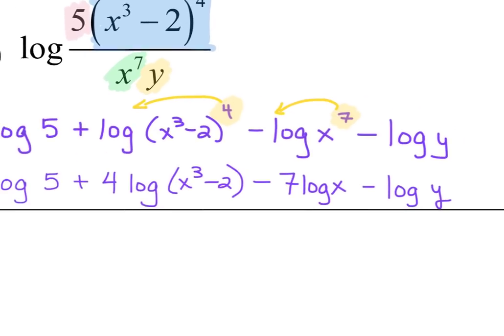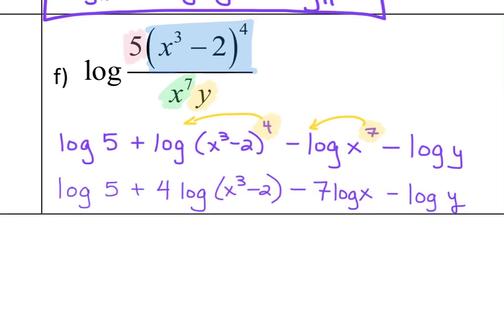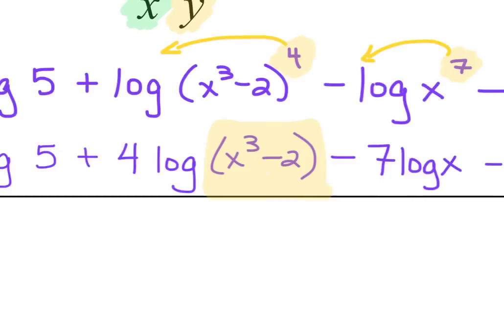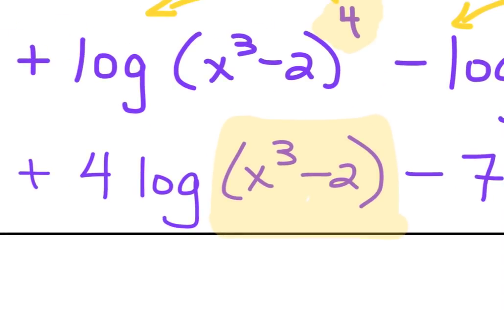Now, your eyes may look at the x cubed minus 2 as problematic. But remember that if the argument of a logarithm is an addition or a subtraction problem, and this is a subtraction problem, then you cannot expand this any farther.